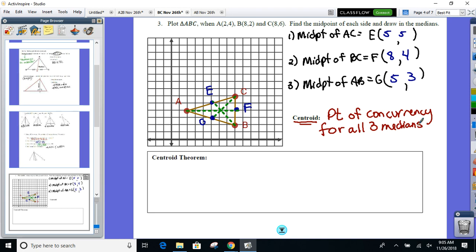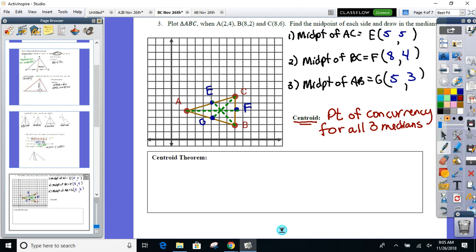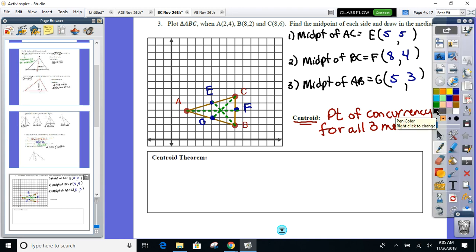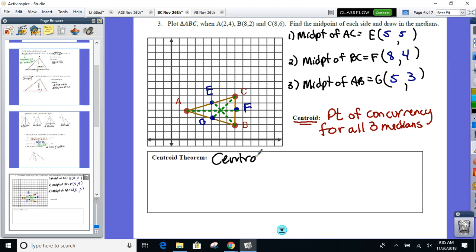A theorem about that. It's not equidistant from the vertices. It's not equidistant from the sides. This one's a pretty special one. Ready? Centroid breaks the median segment into a ratio of 2 to 1.